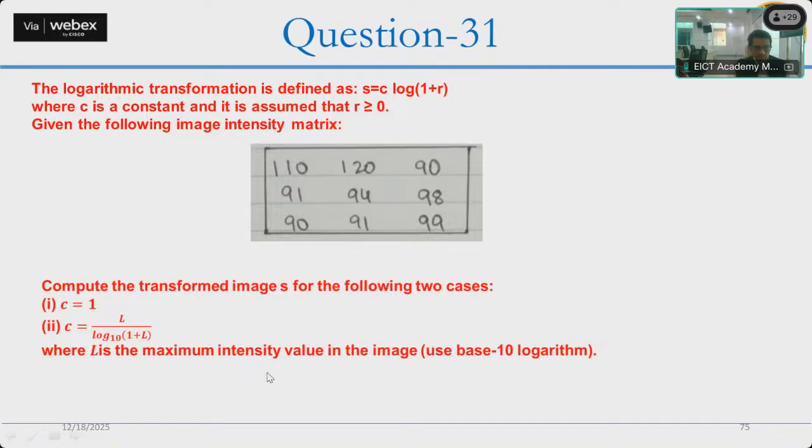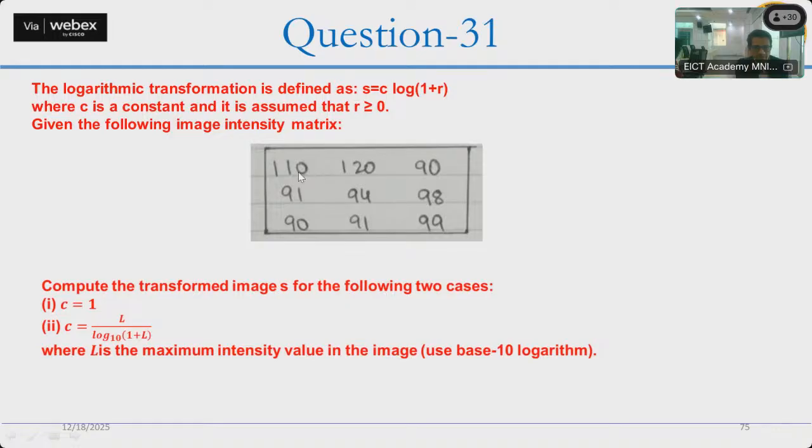Now it's time to revise the concept. How will we calculate it? Can you tell me any value, how will we put the value?